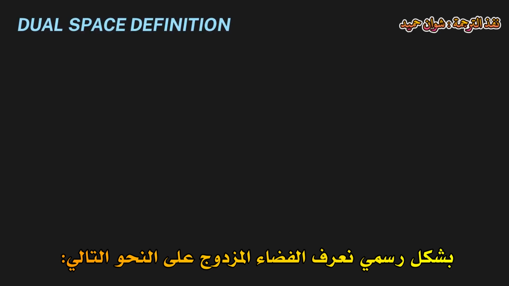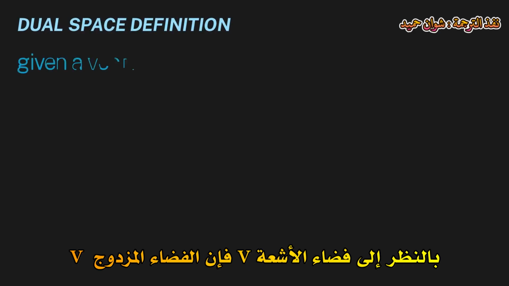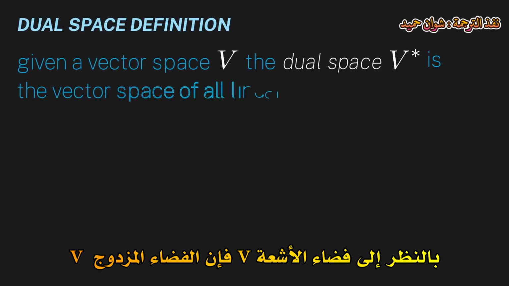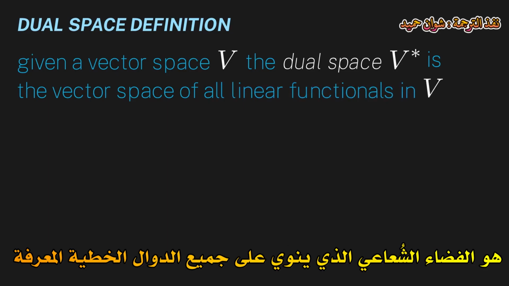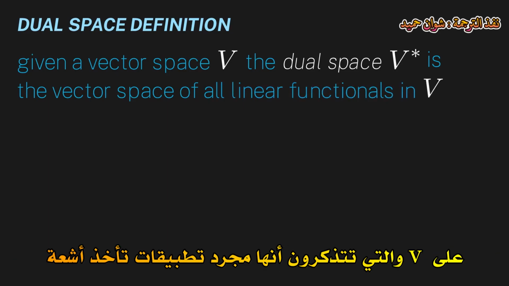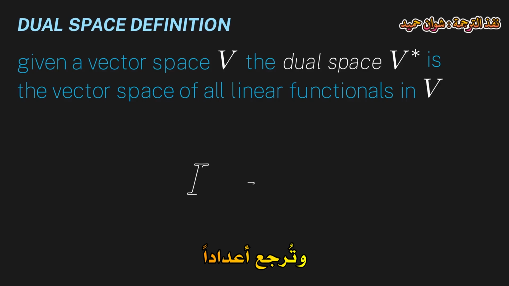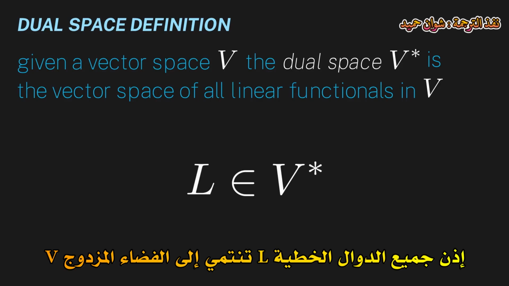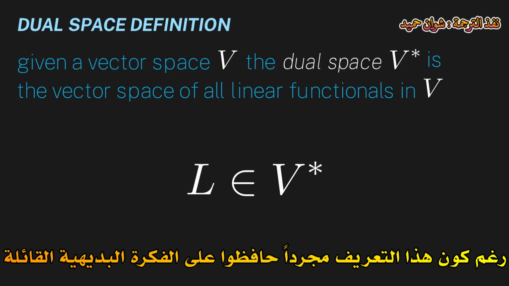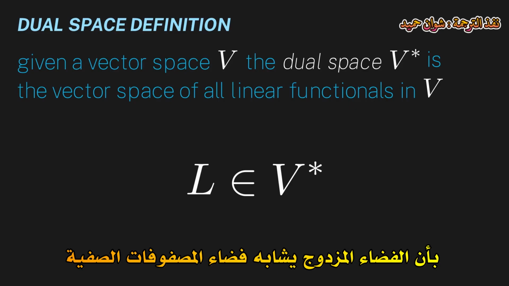Formally, we define the dual space as follows. Given a vector space V, the dual space V star is the vector space of all linear functionals in V, which remember are just maps that take in vectors and spit out numbers. So all linear functionals L live in V star. Although this is an abstract definition, keep the intuition that the dual space is analogous to the space of row matrices.